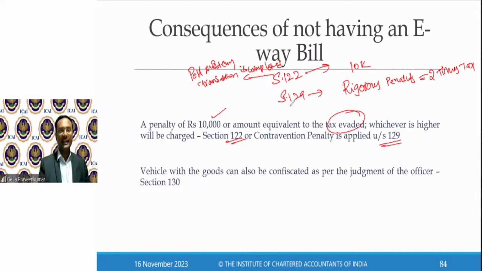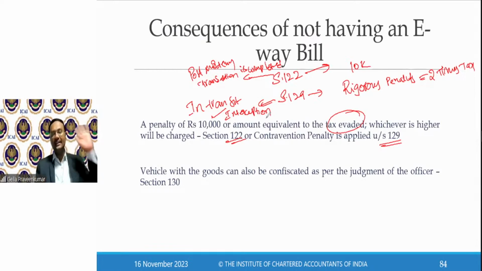Penalty under 129 comes into picture where, in transit, there is an interception, where the GST officer catches you red-handed, where the proper officer gets hold of that conveyance which is in transit.